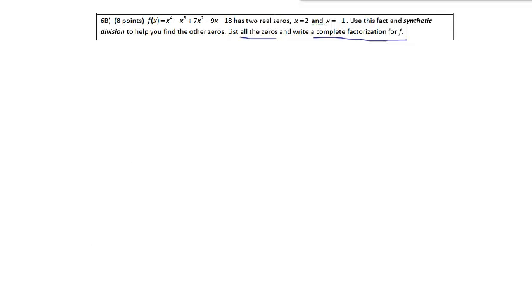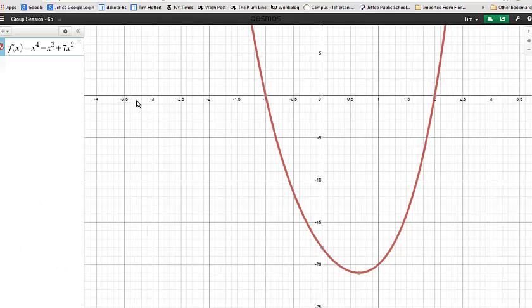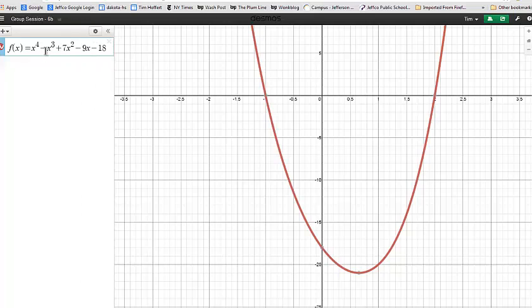Now I want to give a little context to this, show this graph. This is the graph of the function in question, and notice it's fourth degree. If we look at the graph, we have one turn and two zeros.